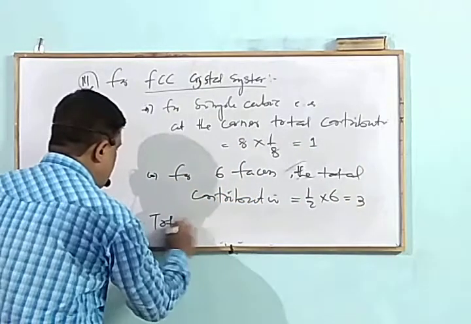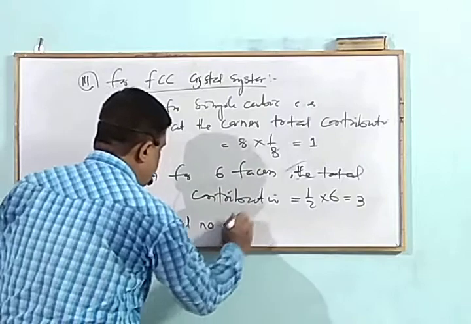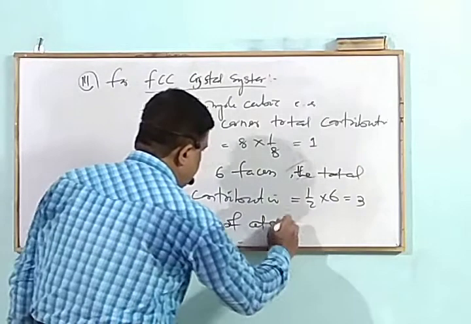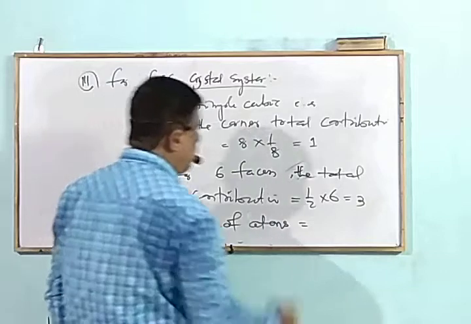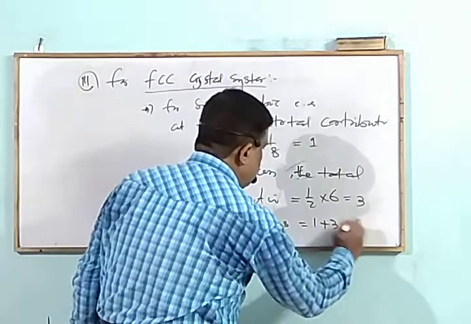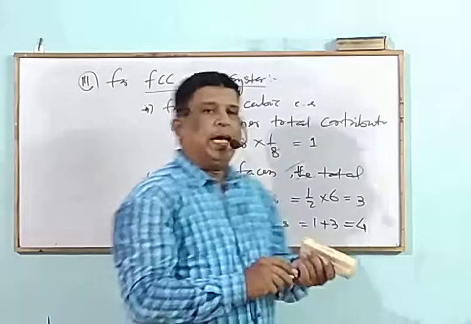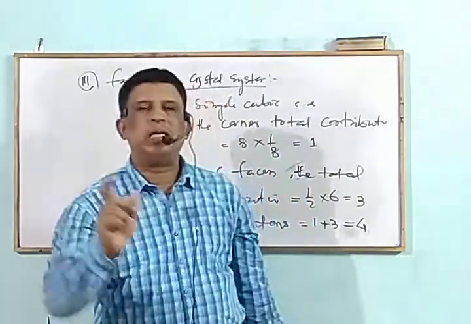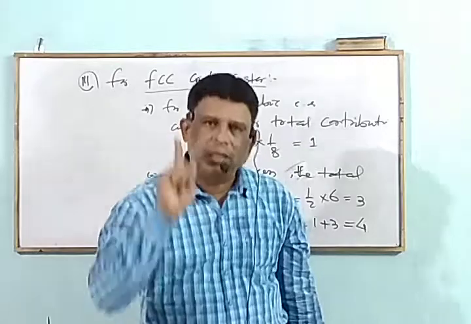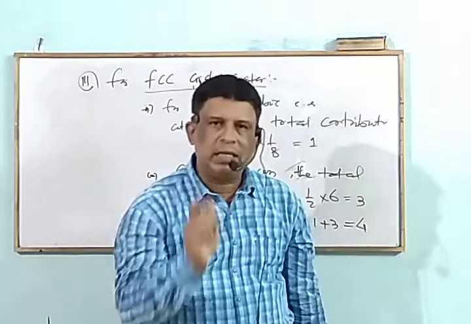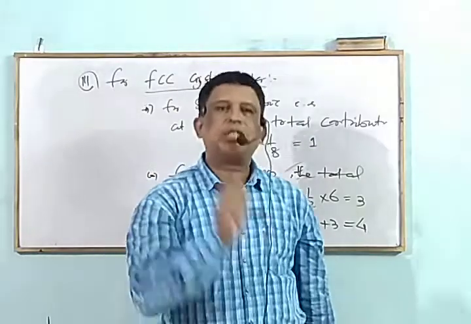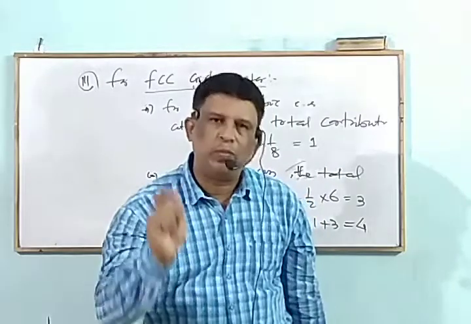Therefore, total number of atoms present in FCC type of system is equal to 1 plus 3 is equal to 4. That means, in case of simple cubic unit cell, total number of atoms present is 1. In case of BCC, that is 2. And in case of FCC, that is 4.